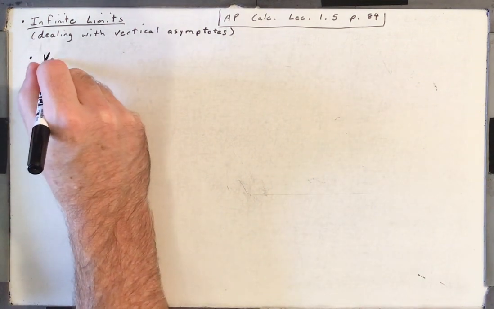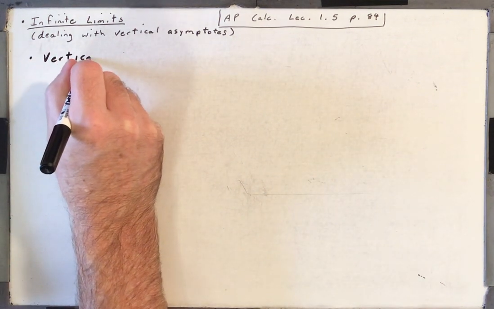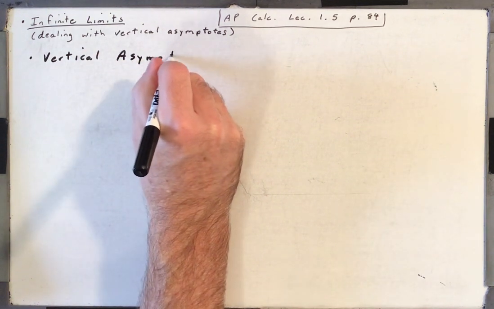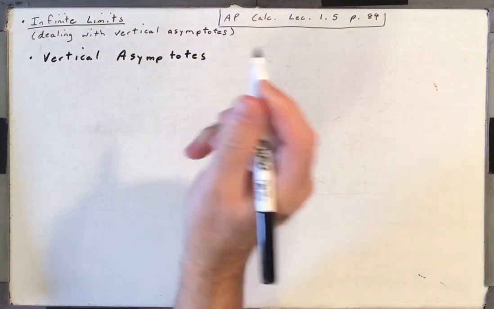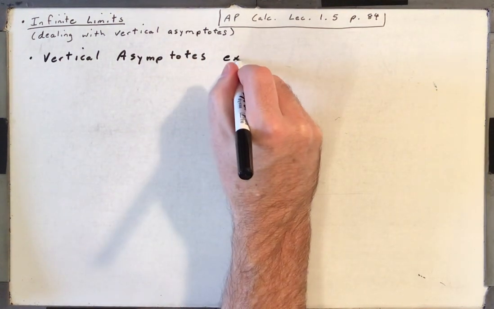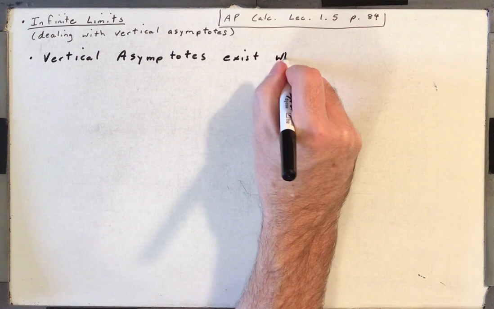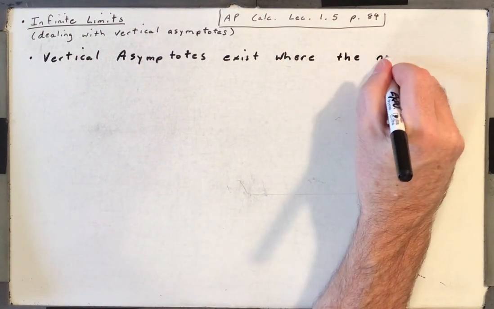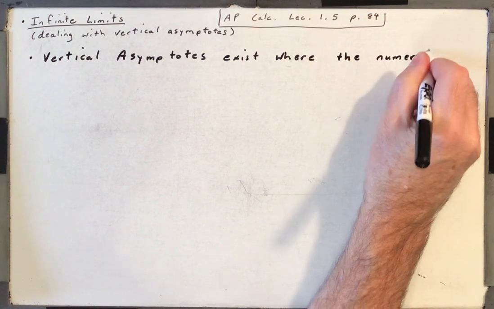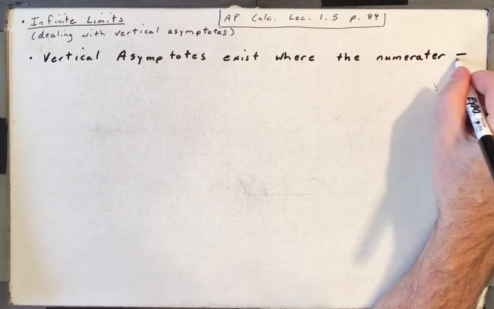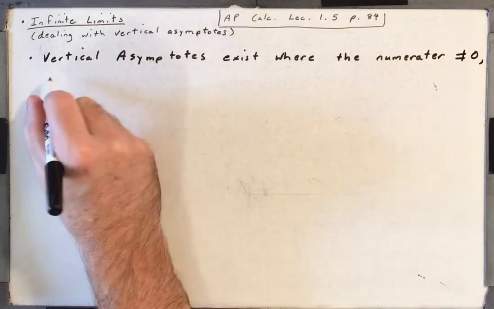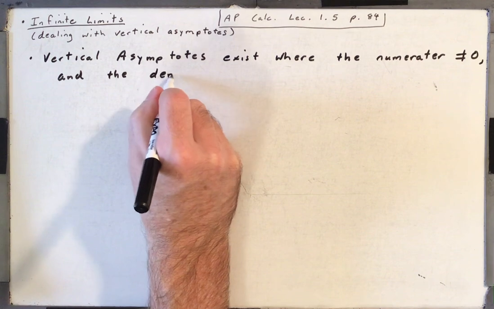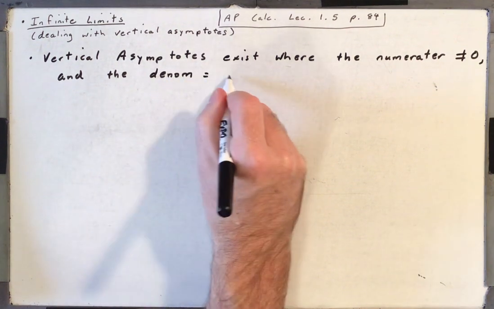So vertical asymptotes exist where the numerator does not equal 0 and the denominator is equal to 0.